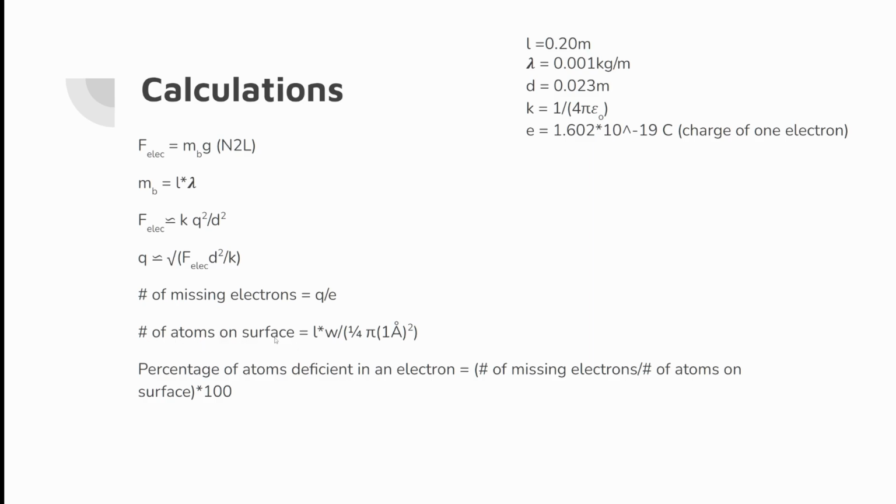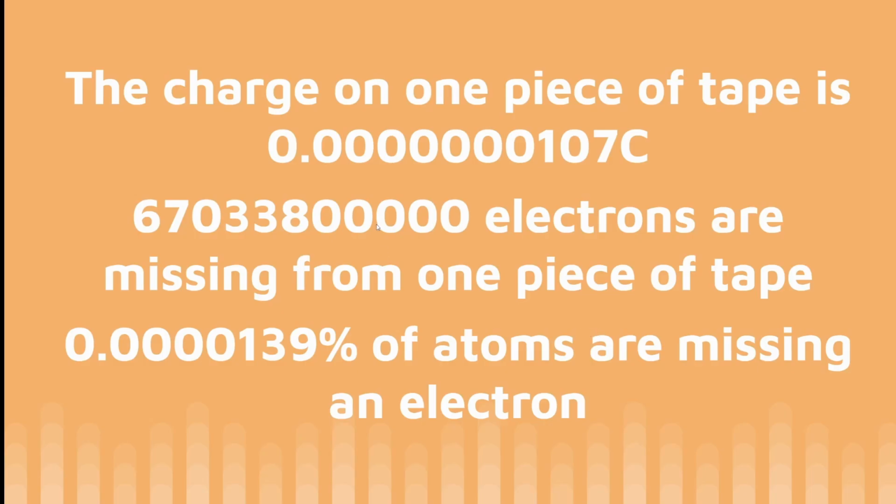We calculated the number of atoms on the piece of tape. 1 angstrom is the diameter of an atom, and we're assuming that each atom takes up a circle of radius 1 angstrom, and so this calculation gives us how many atoms there are in the surface.